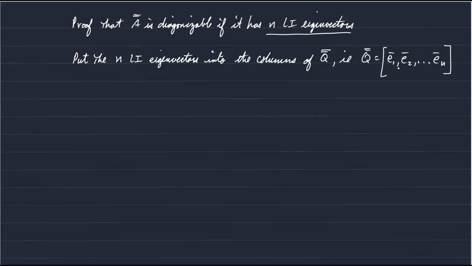So there are n columns, and each vector, of course, has n elements in it.